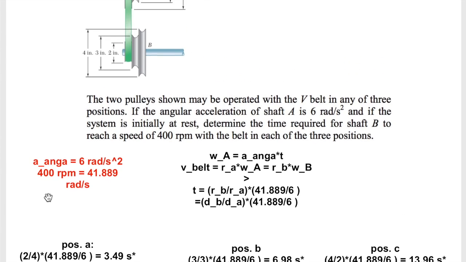For this first position, 2 over 4, we get 3.49 seconds. Position B, we get 3 over 3, which is 6.98 seconds. And C, which is 4 over 2, we get 13.96 seconds.